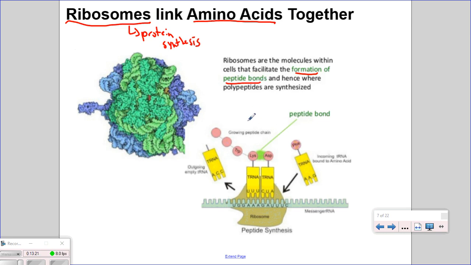Remember, a peptide bond is what's going to hold those amino acids together. So a ribosome will bring together amino acids. Here are amino acids, and it will facilitate or create a peptide bond between these amino acids. And so that is the main job of what that ribosome will do.